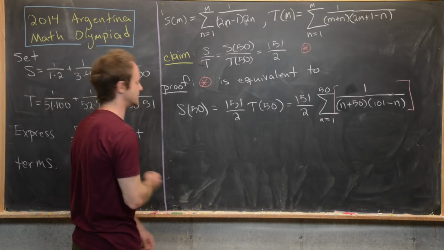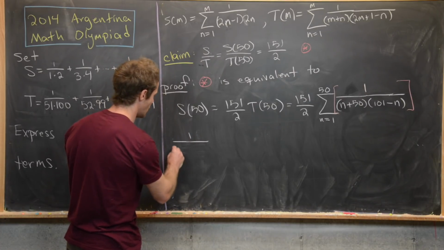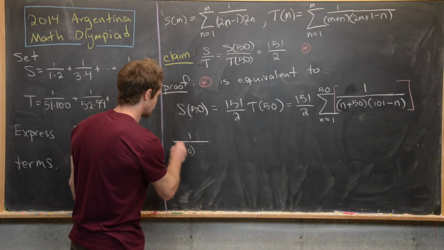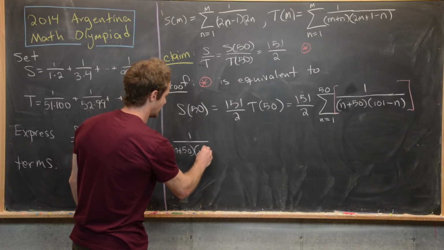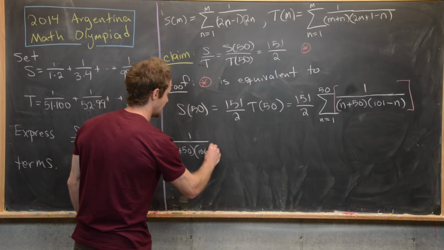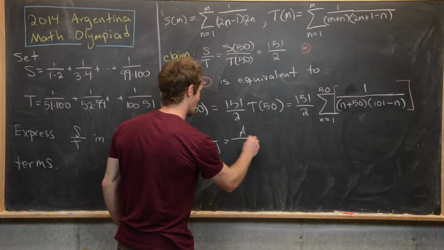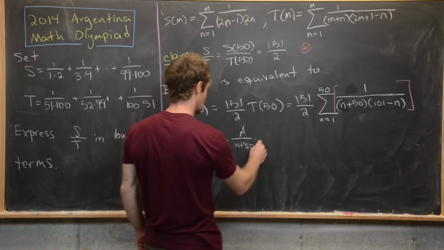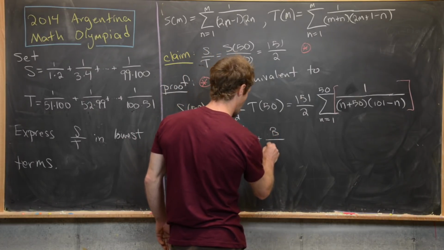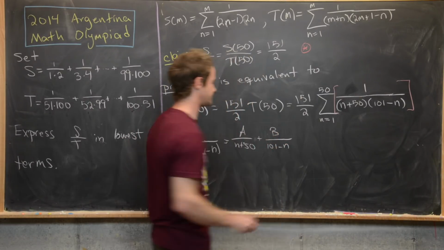Okay, so let's go ahead and do that. So we're going to take this 1 over n plus 50 times 101 minus n, and we will write that as a over n plus 50 plus b over 101 minus n.